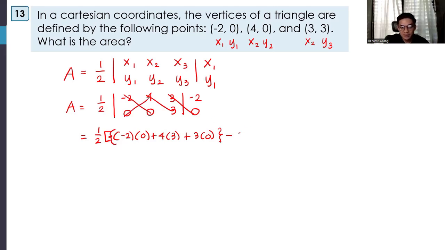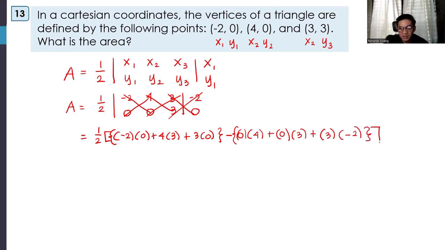Eto, 0 times 4. Then, eto, plus 0 times 3 plus, eto, 3 times -2. So, lagyan natin ng close parenthesis, close parenthesis.